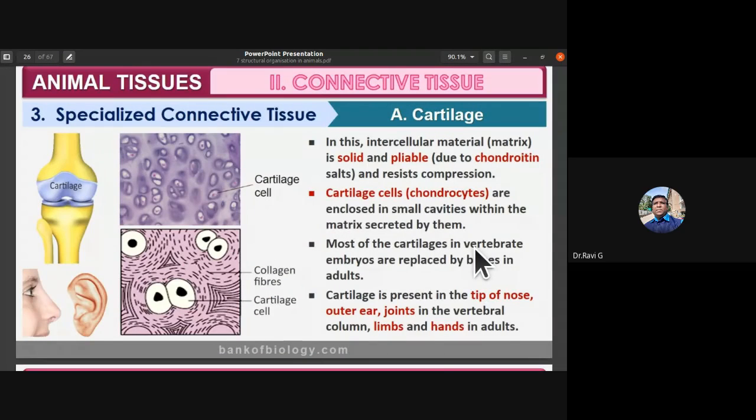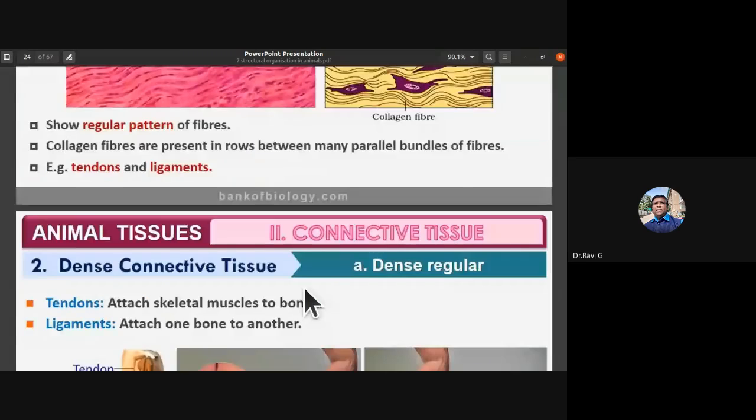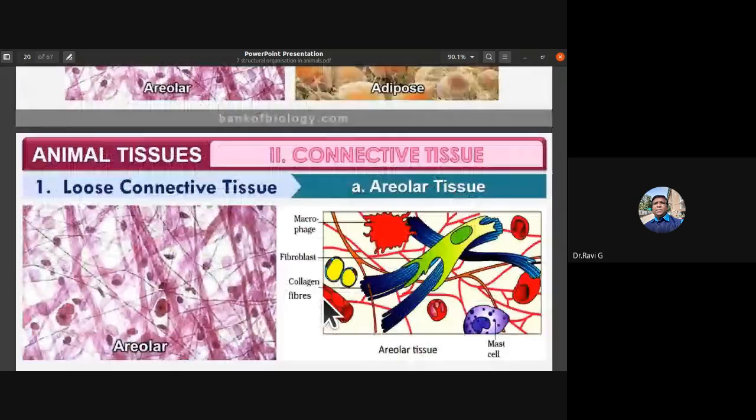Then the next that we are going to discuss, see, we have now completed the dense connective tissue. The connective tissue was divided into three major types. So we had under this connective tissue three major headings, isn't it?